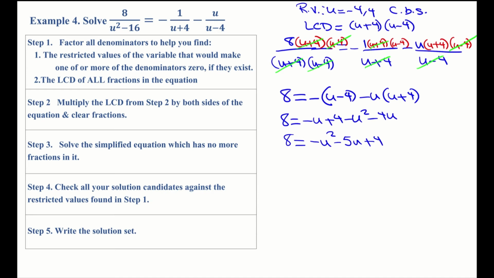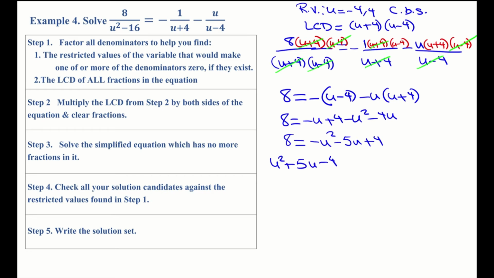So this is a quadratic equation, it's higher order, so we move everything to one side now that both sides are fully simplified, and get 0 on the other side. So let's move to the left side, so we get u squared, minus, well, becomes plus, so plus 5u minus 4.